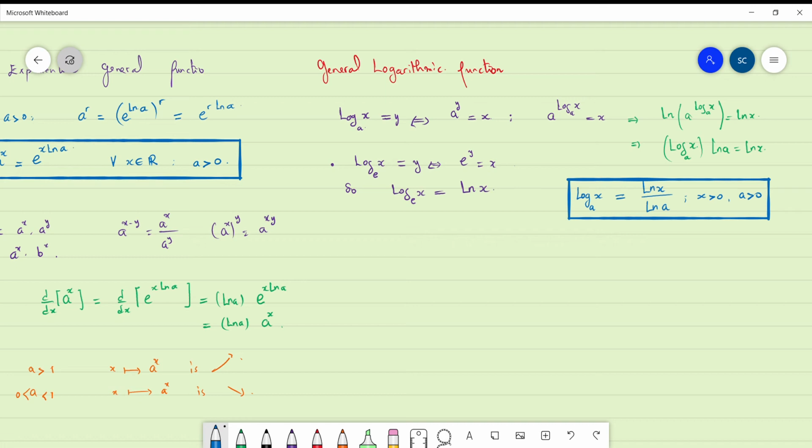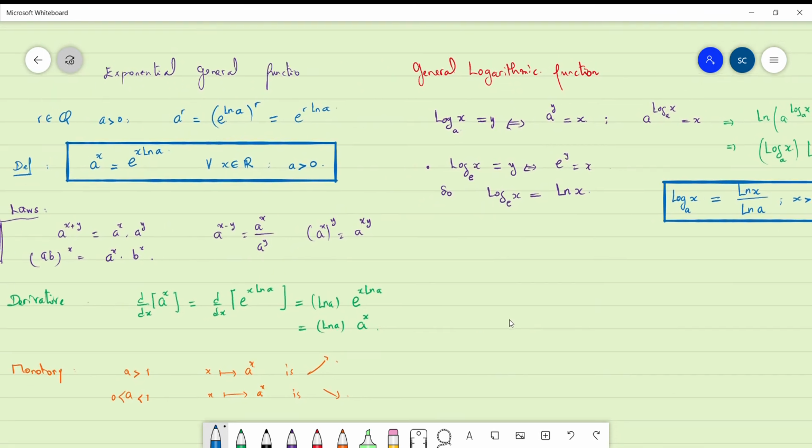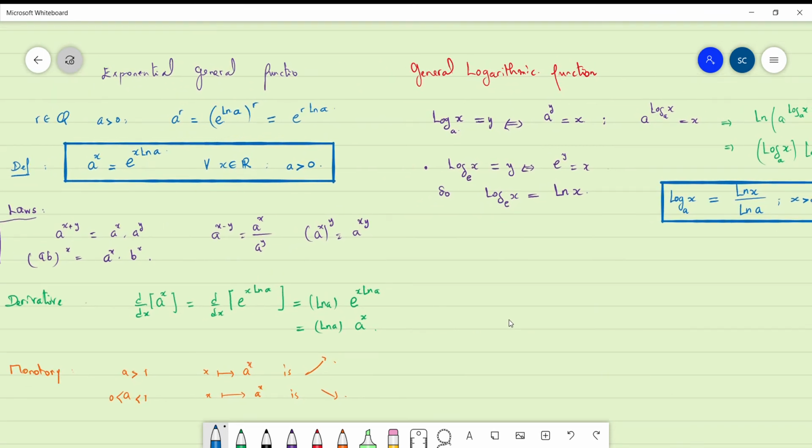So usually I don't memorize anything else. I limit myself to memorizing the exponential function, the logarithm function, and the definitions of the two new functions. That's all, then everything I can deduce.